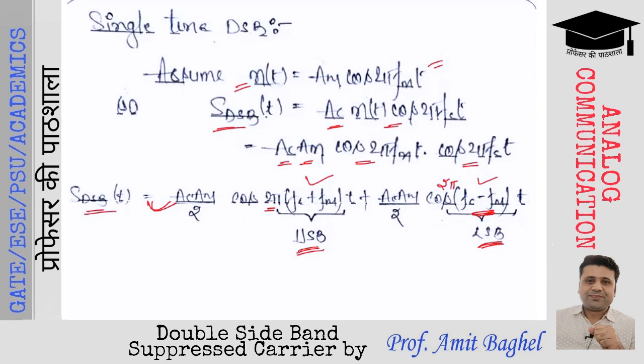So we are going to have only the two components in this modulated waveform, cos of 2π (fc plus fm) t and cos of 2π (fc minus fm) t. So it will have only the upper sideband as well as the lower sideband.